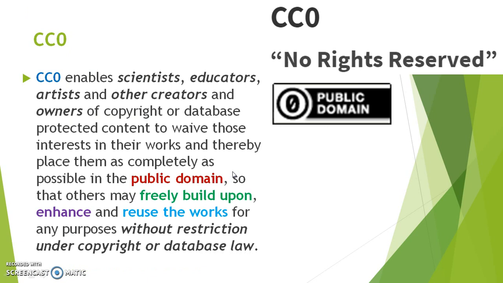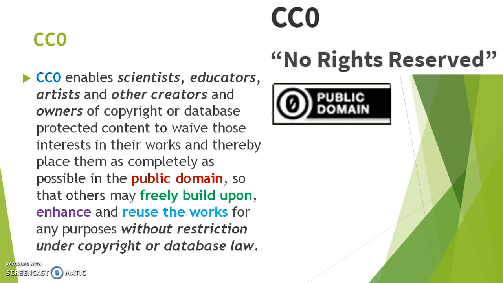And there is another kind of, it's not referred to as a license, but it's also a Creative Commons license called CC0, which is actually sharing anything in the public domain. It is the most free kind of license.